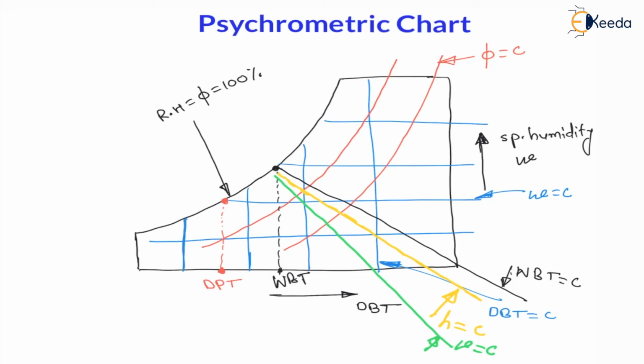Therefore, the constant specific volume lines are also inclined lines sloping downward to the right, but with more inclination as compared to wet bulb temperature or constant enthalpy lines, right?